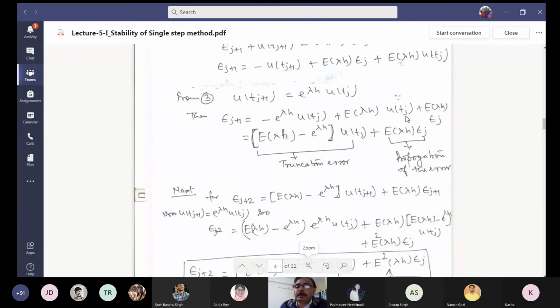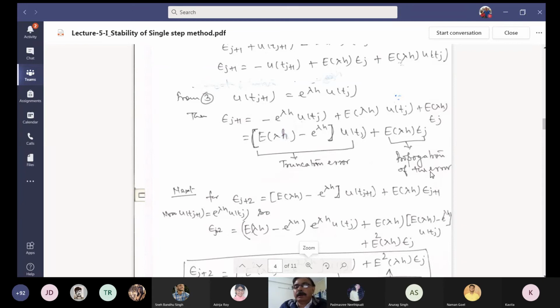And this part, e lambda h into epsilon j, is the error committed at the jth stage, which comes at j plus 1 at this stage also. And whatever error you commit at j plus 1 will go to the j plus second stage, the second iterate value. So this is called the propagation of the error.